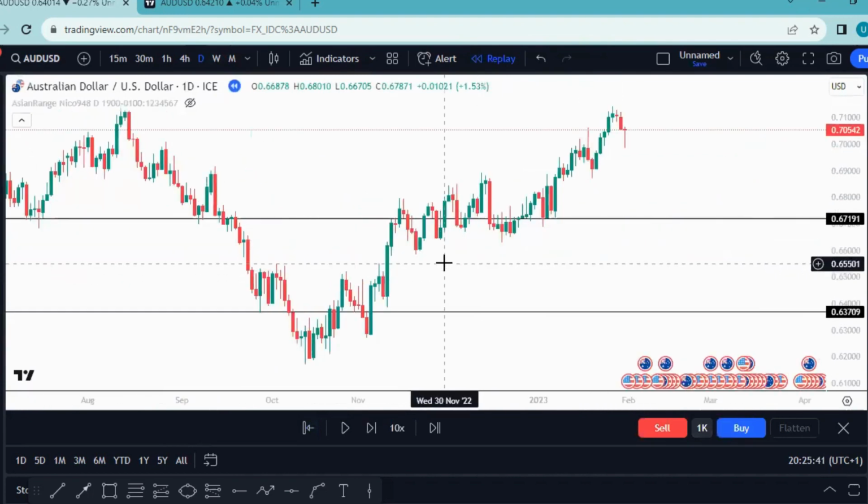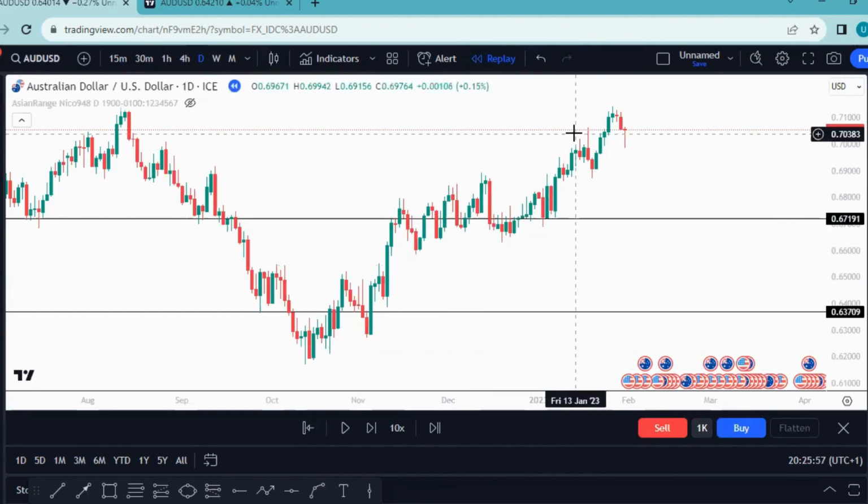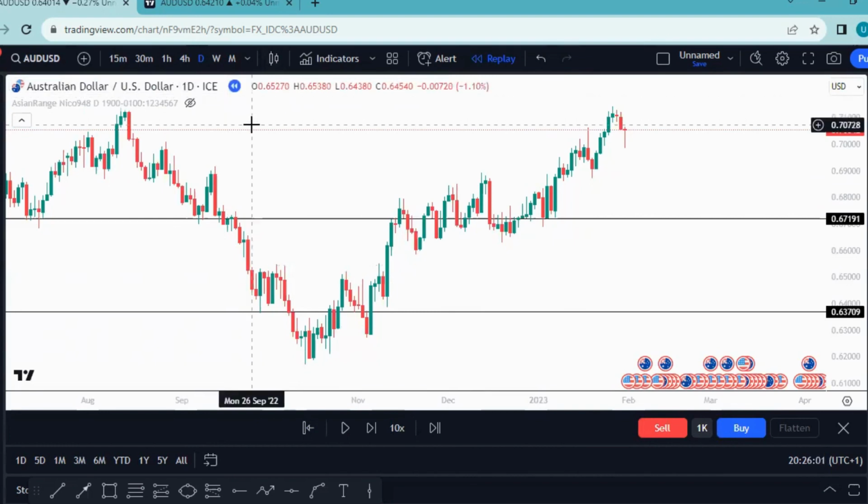I'm not confusing you. You already understand a support area, and what they call a resistance area. Good. So now this is our daily. This is an uptrend, right? The trend where we were able to spot a support turn resistance was a downtrend. Now we are in an uptrend, right?